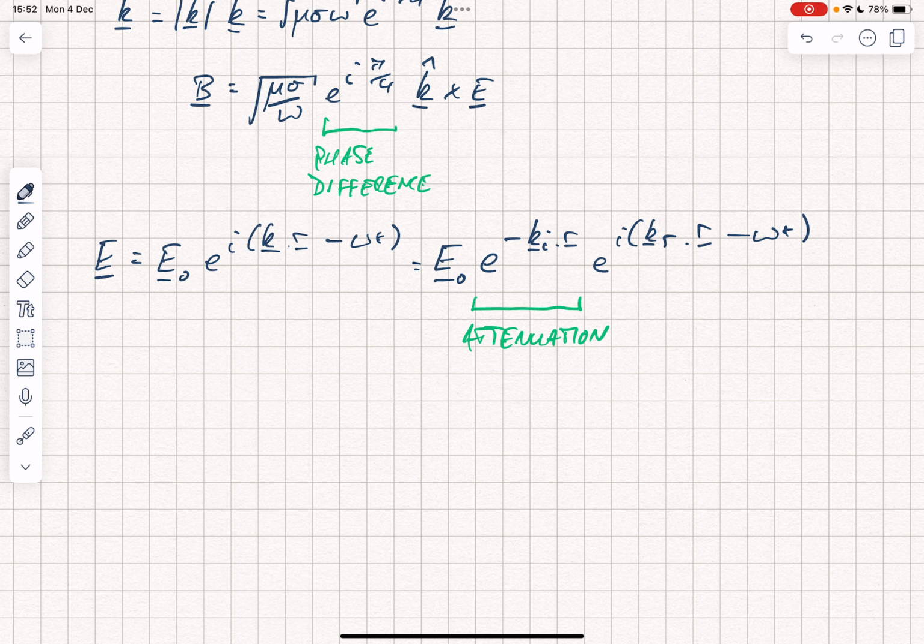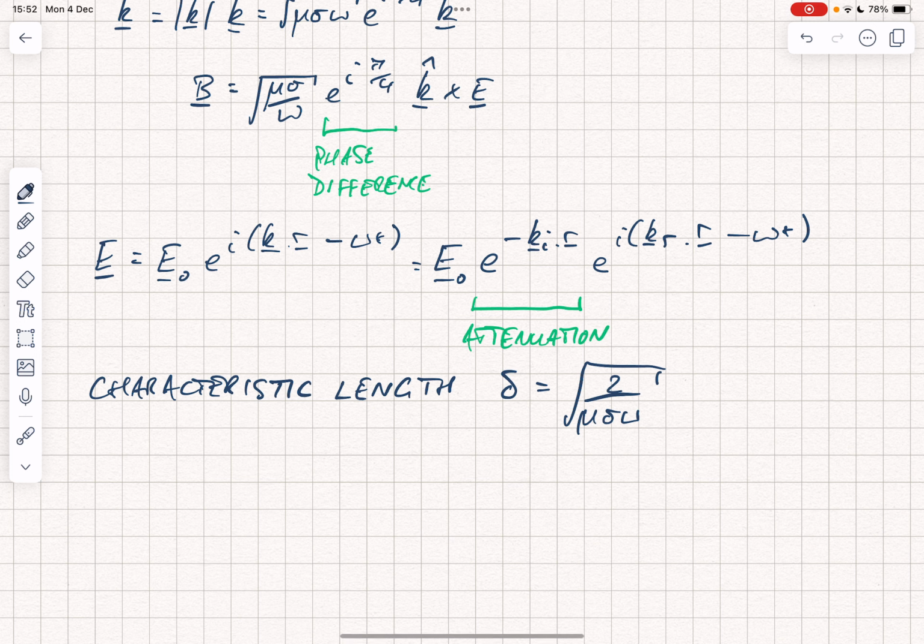Whenever we have an exponential decay, we can characterize that, and so the characteristic length, that is the length over which the field will decrease by a factor of 1 over e, is given by delta is square root of 2 over mu sigma omega, and this is normally called the skin depth.